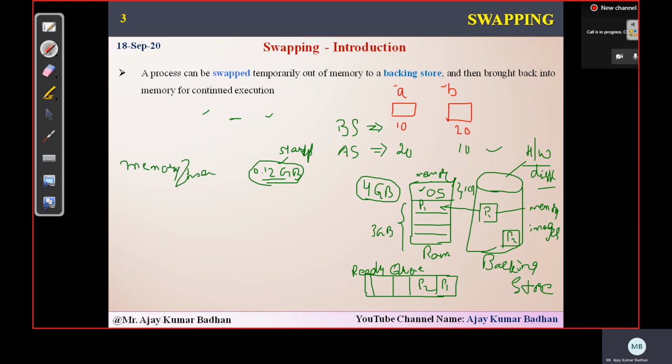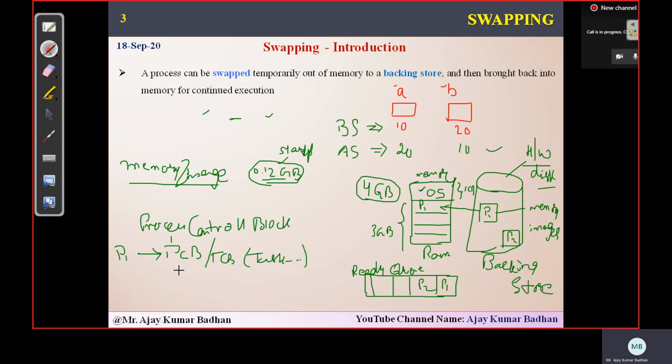Memory image. In unit 2, I said that every process will have its own PCB. I don't know how many of you remember this. PCB is nothing but process control block, which can also be called task control block.